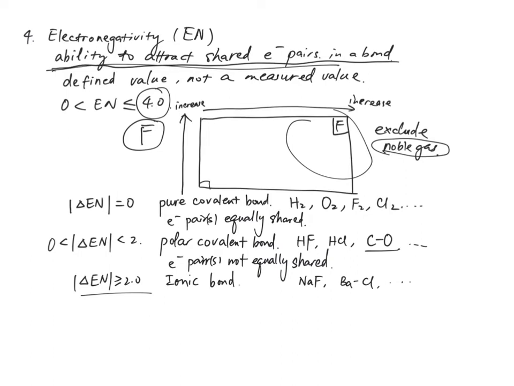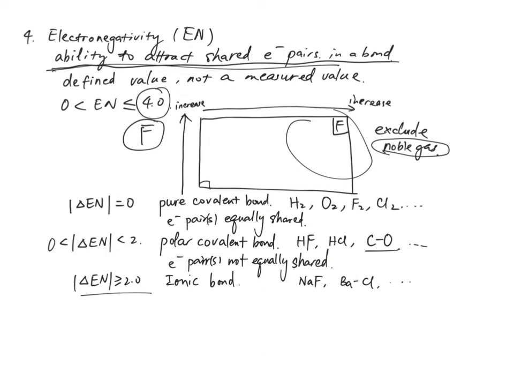So for these three periodic properties: ionization energy, electron affinity, electronegativity, all three of them have the exact same trend: increase from bottom to top, increase from left to right.